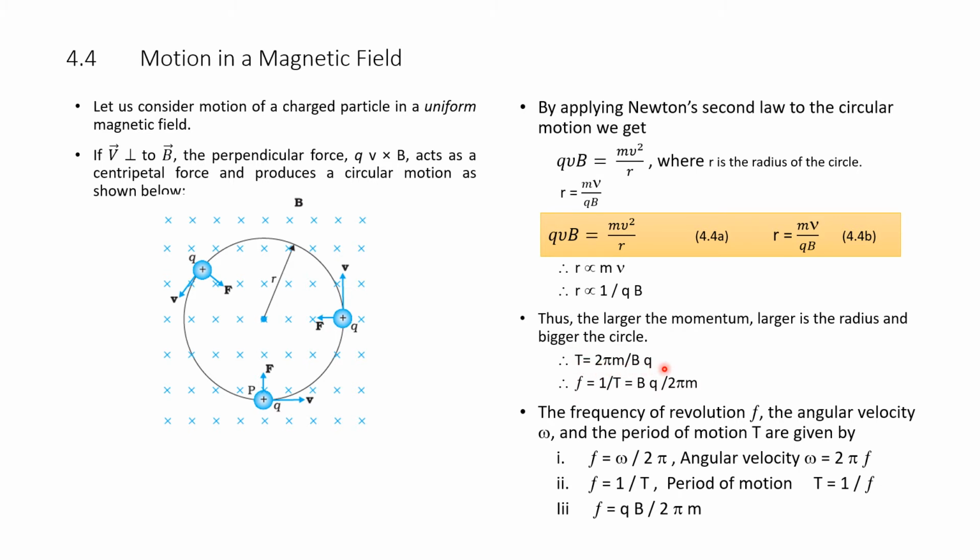And f, the reciprocal of the period of motion, or the frequency of revolution, is given by 1 over T, which is equal to Bq divided by 2 pi m.